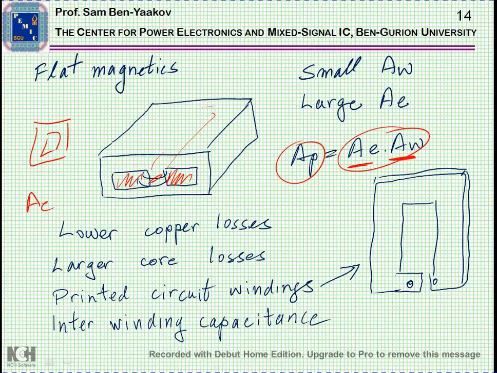You can calculate it from the parameters that you know about the operation of the transformer, like voltages, currents, frequency, etc. So in the case of flat magnetics, the winding area is traded for a larger cross-section area of the core. So it's a heavy core and much fewer windings. There are some advantages to it, as I'll explain in a second, but let's see what it really means.